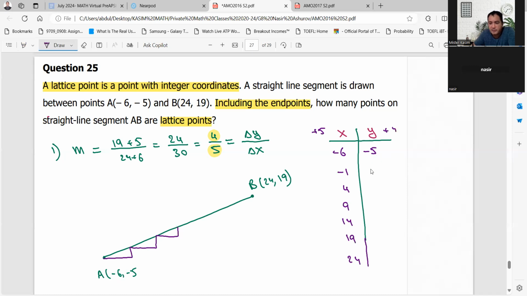Now negative 5 plus 4, negative 1, plus 4, 3, plus 4, 7, plus 4, 11, plus 4, 15, plus 4, 19. So all of these points are on this line segment. How many points are there where both coordinates are integers? We call them lattice points in math. There are 7.